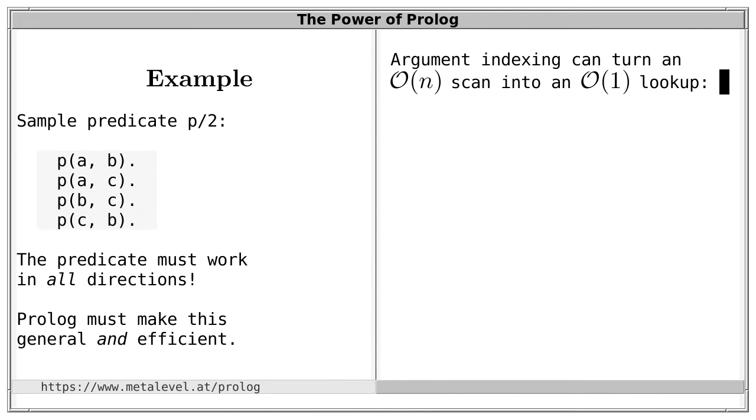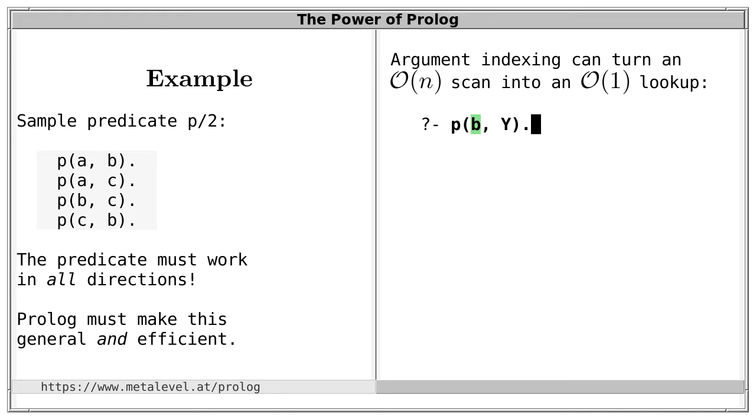So argument indexing is a performance feature that Prolog systems implement. And impressively, argument indexing can turn a linear scan of all clause heads into a fast, constant time lookup. For example, let's try another quite concrete query, where the first argument is instantiated to b.